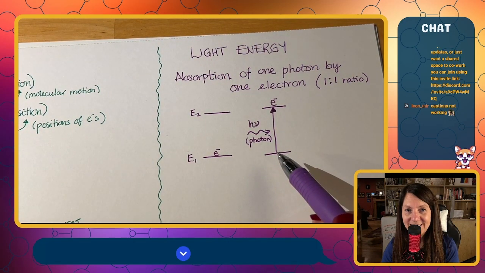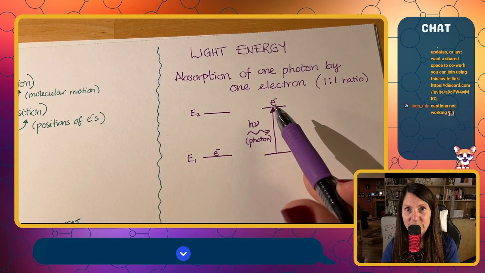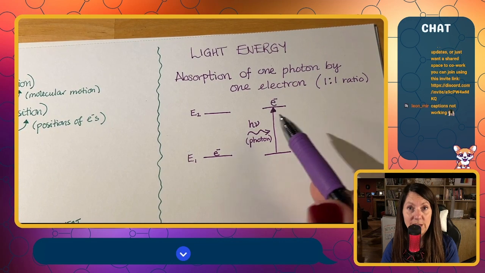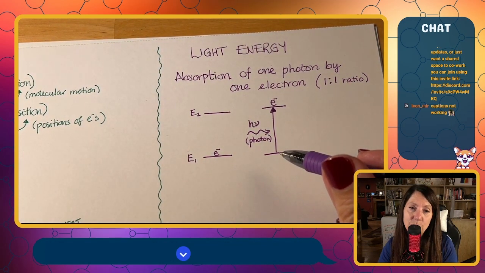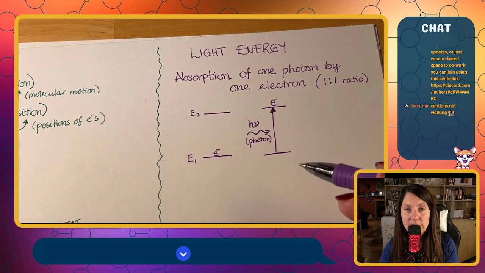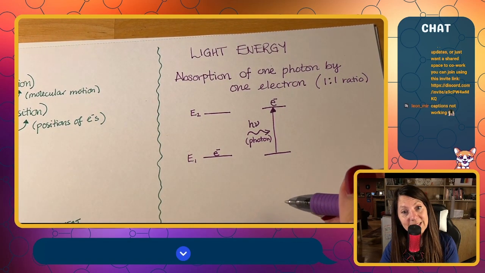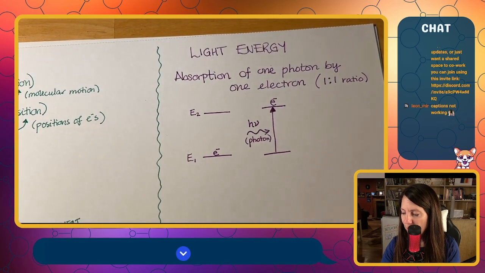It was at a lower energy state and it went to an upper energy state. You could also call this chemical potential energy because chemical potential energy has to do with the relative positions of electrons. Their positions relative to other electrons, relative to the nucleus in this case. So, okay, here is an example of absorption.